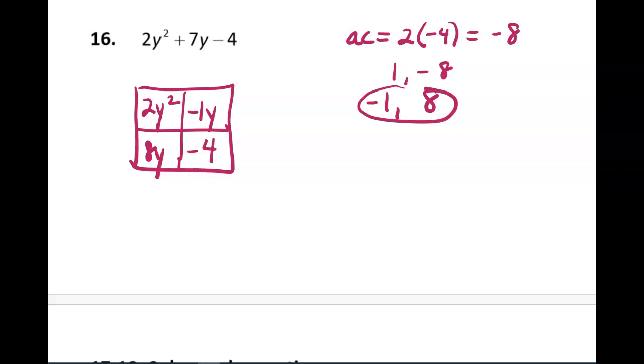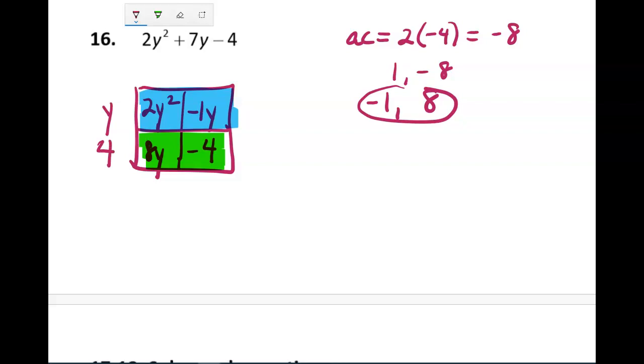So we just split that 7y up into 8y minus 1y. Now let's take our top row and factor out the greatest common factor. That would be y. And then let's do the same for our bottom row. 8y minus 4, the greatest common factor is 4.